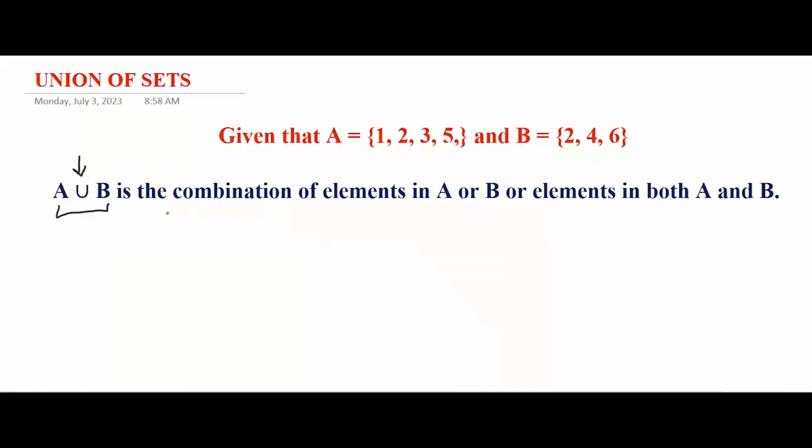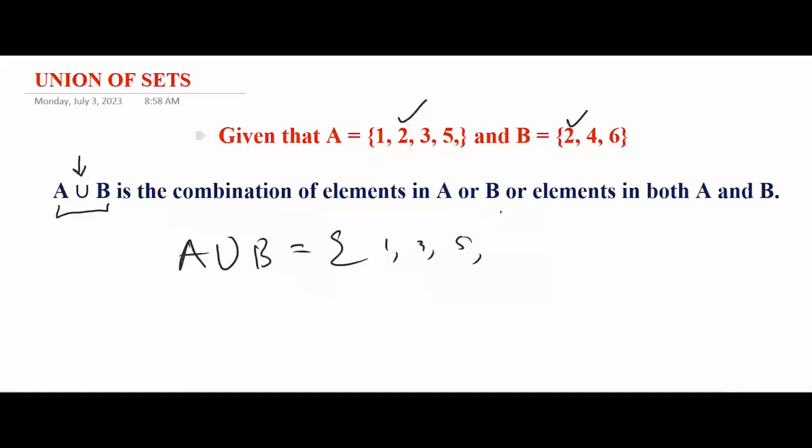It is the combination of elements in either set A or set B, or elements in both sets A and B. If you want to get A union B, it will be the combination of all these elements. Now you can see that we have 2 here, we have 2 here, so that is the common element. The elements in A will be 1, 3, and 5.